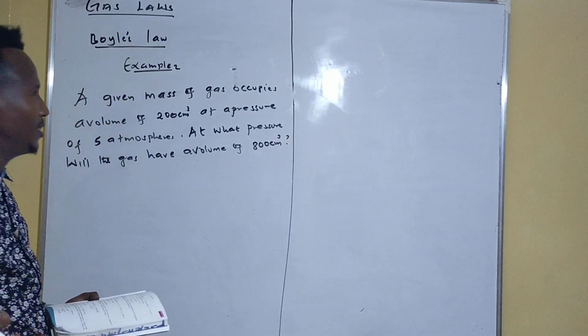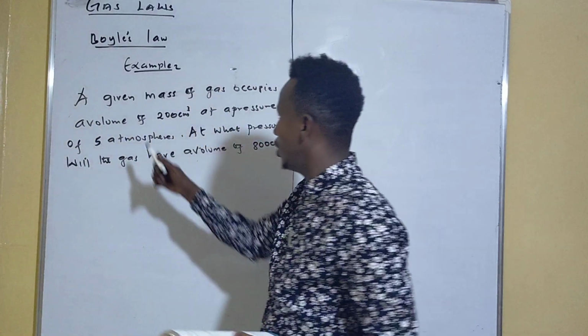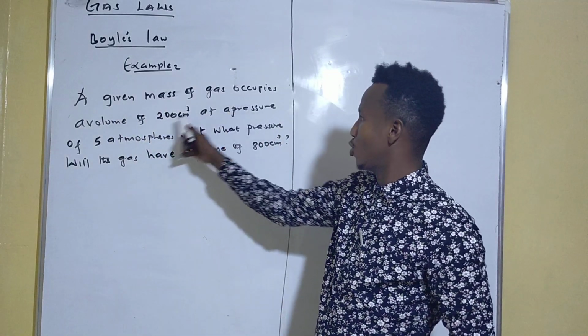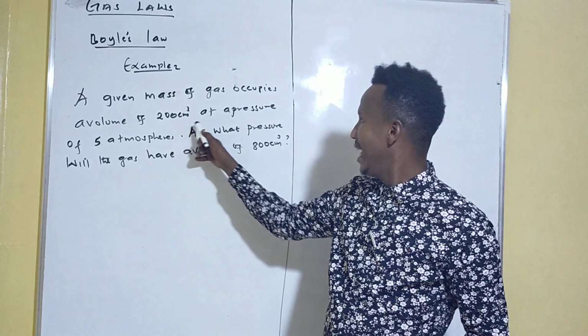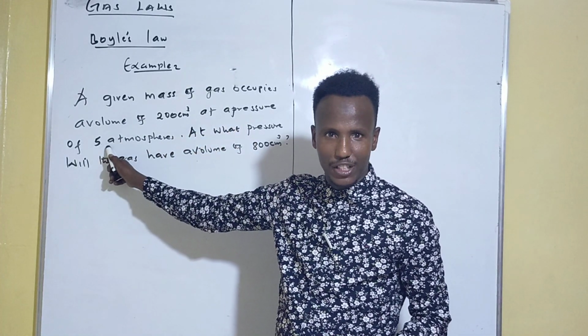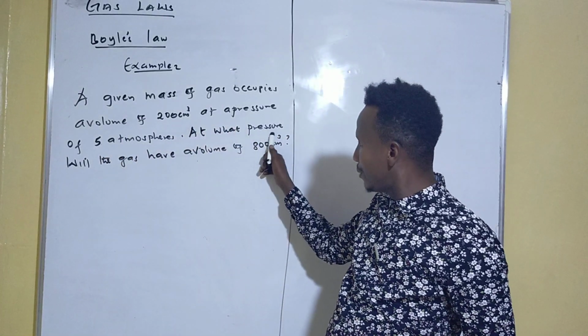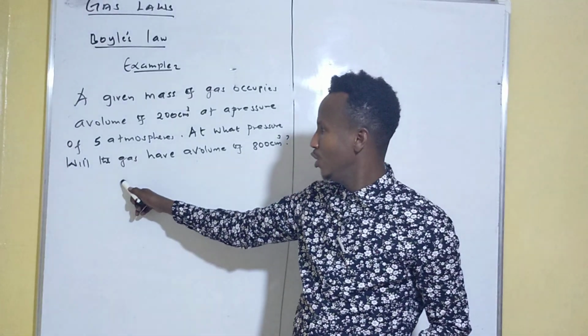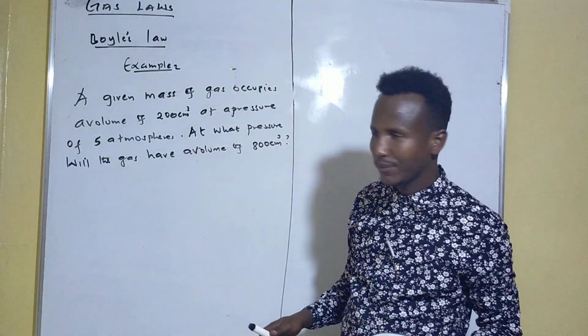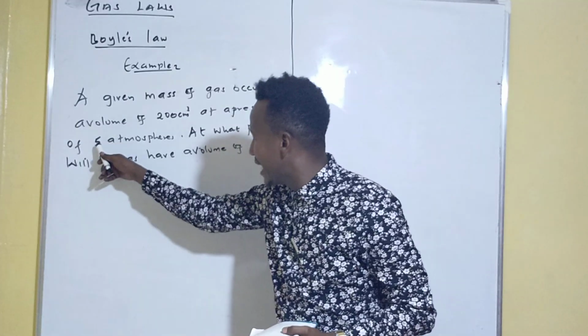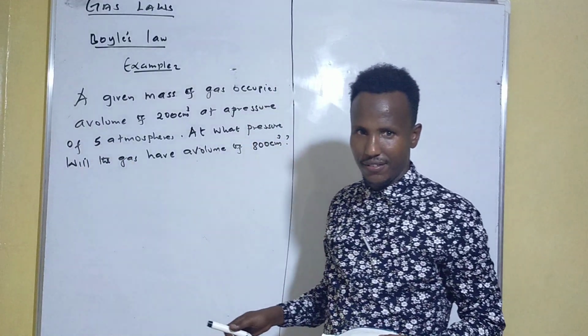Just look here. A given mass of gas occupies a volume of 200 centimeter cubed. That's volume 1, at a pressure of 5 atm. At what pressure will the gas have a volume of 800? That's P2. Will the pressure be greater or less than 5?